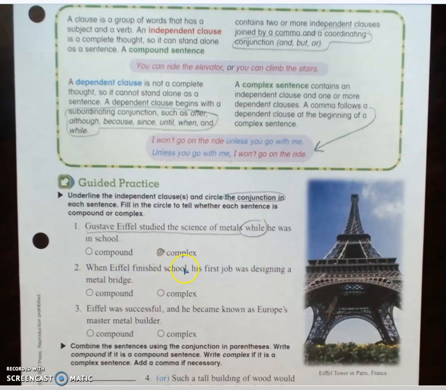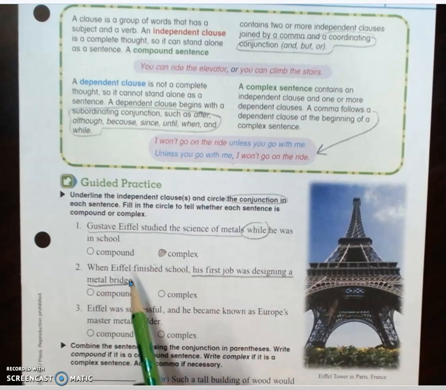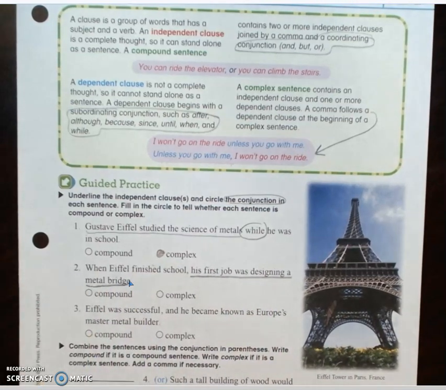No, that would leave you thinking, when Eiffel finished school what? So that's not a complete thought. So the second part is the independent clause: his first job was designing a metal bridge. Let's underline that because that's what we're supposed to do. And then we need to find the conjunction in the sentence.